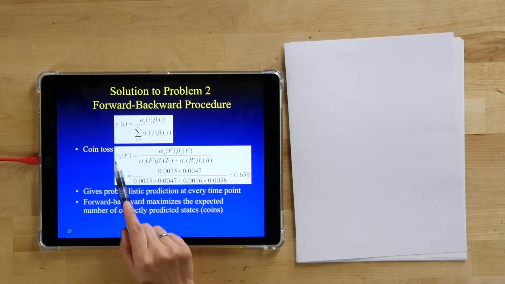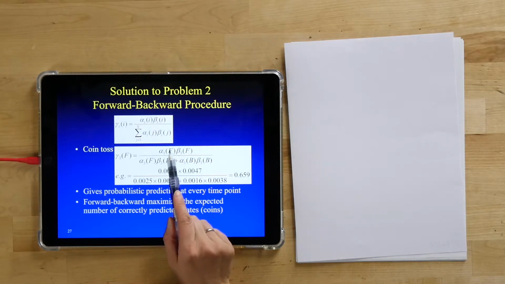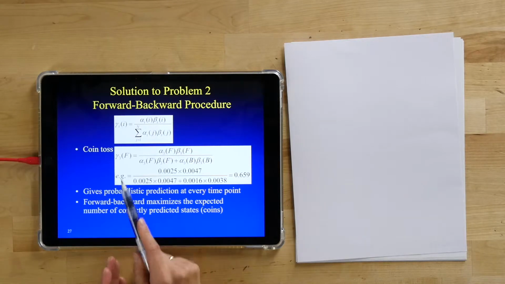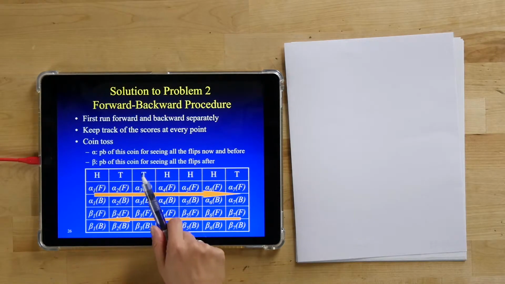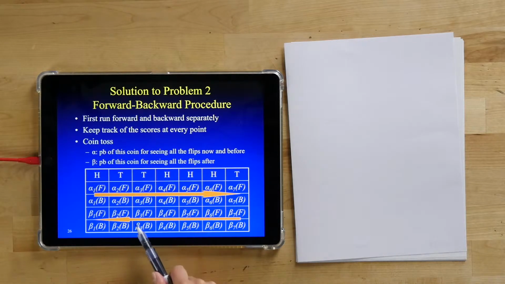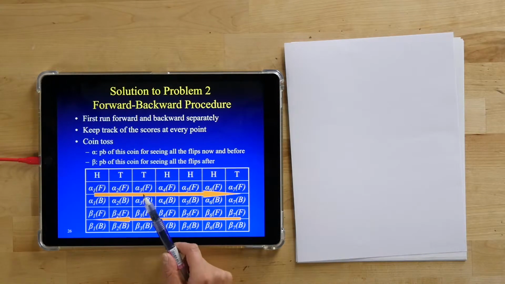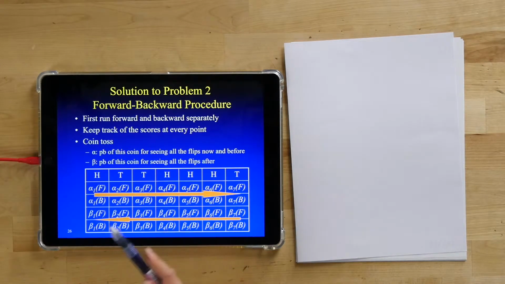So the gamma number is like this. We ask what is the probability at this location, in the third position, that we are using a fair coin. We're trying to use these numbers to estimate the gamma 3 of being a fair coin.